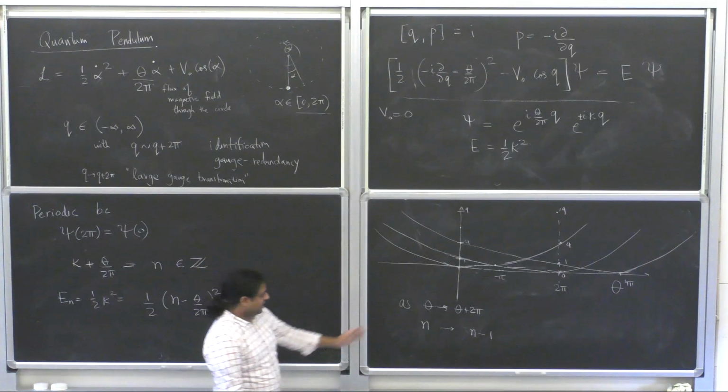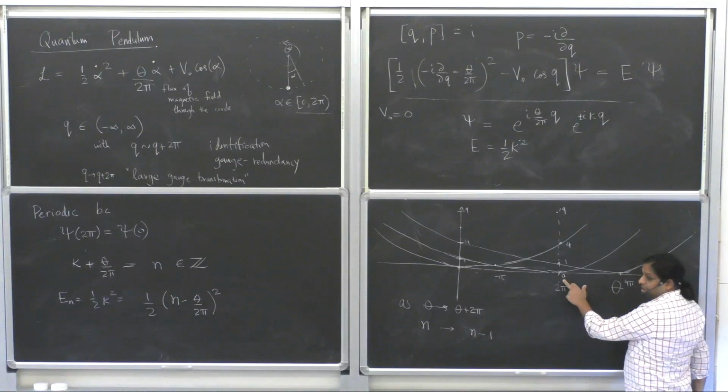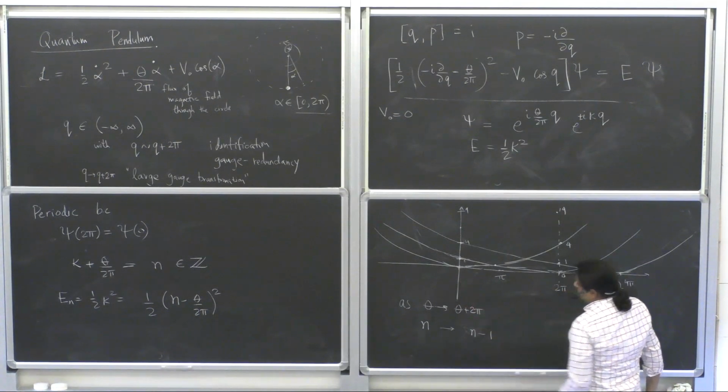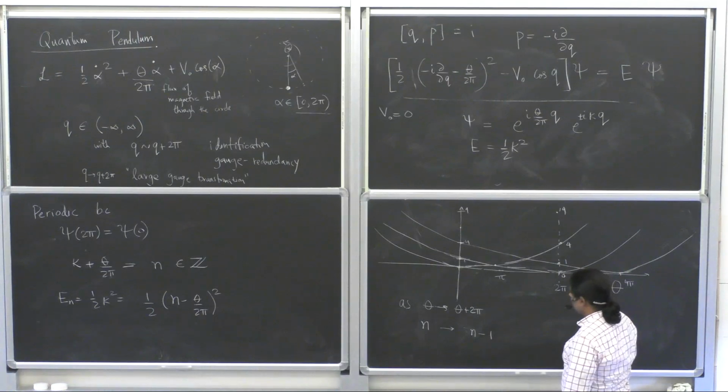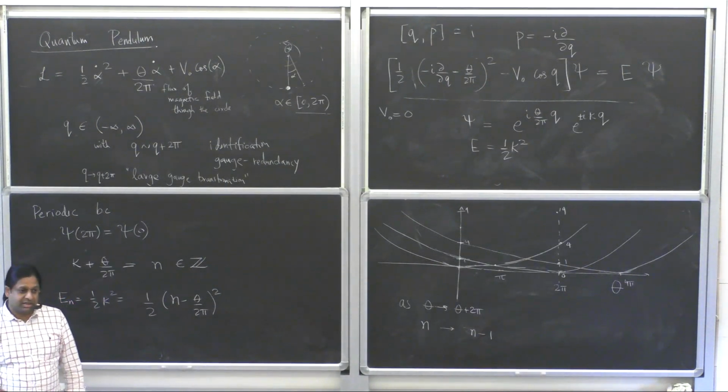So the spectrum of the theory is actually the same at theta equals 0 and theta equals 2 pi. But if you follow one particular branch of the solution, it changes as theta changes.